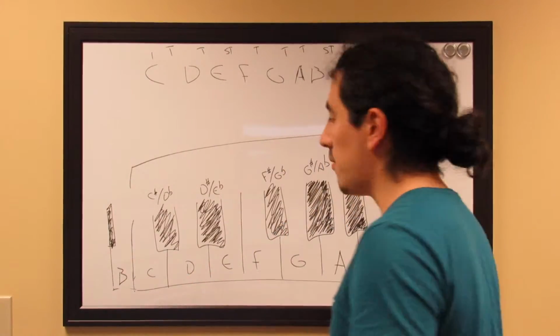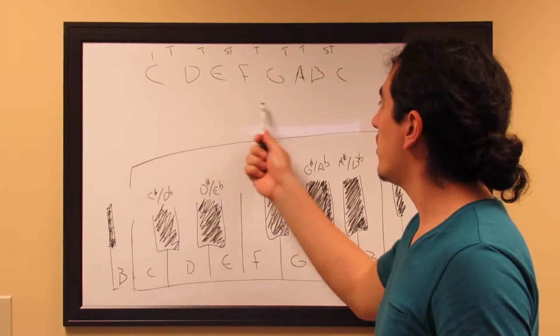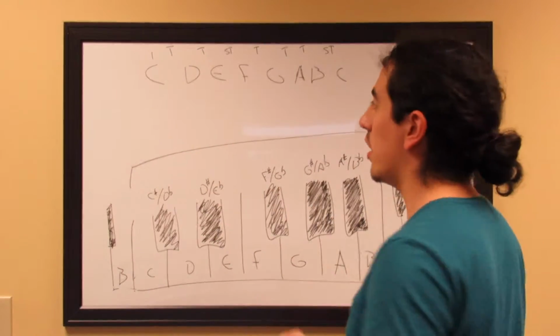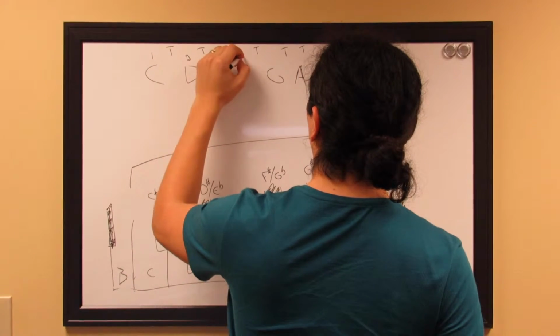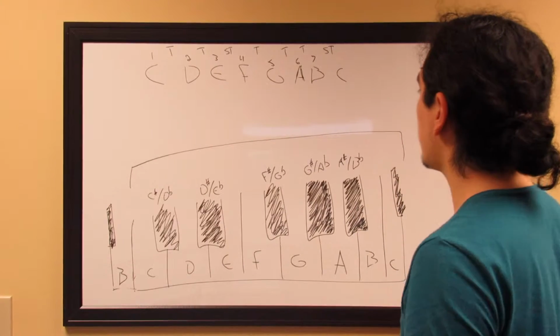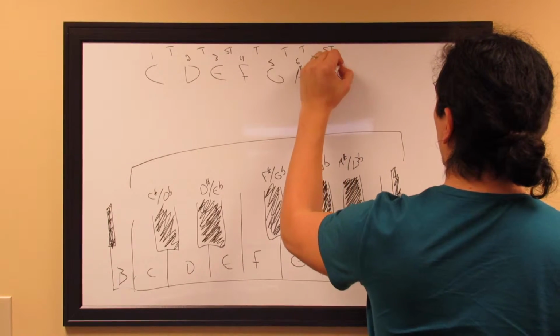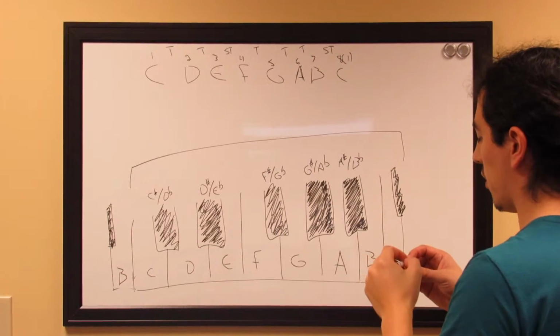For this to work, each degree of the scale has a number. You have the first degree, the second degree, the third degree, 4, 5, 6, 7. And this one I either call the 8, the octave, or the repetition of the first.